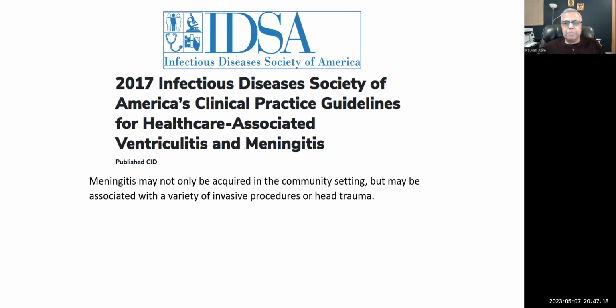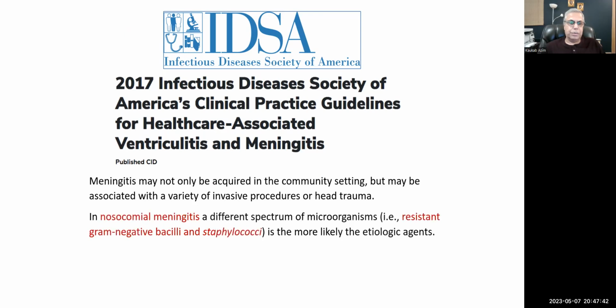And meningitis may not only be acquired in the community setting, but may be associated with a variety of invasive procedures or head trauma. So that's an important point to remember. And when there is head trauma or invasive procedures, obviously, the microbiology is going to change. It is the Staph aureus that will enter the picture in these situations.